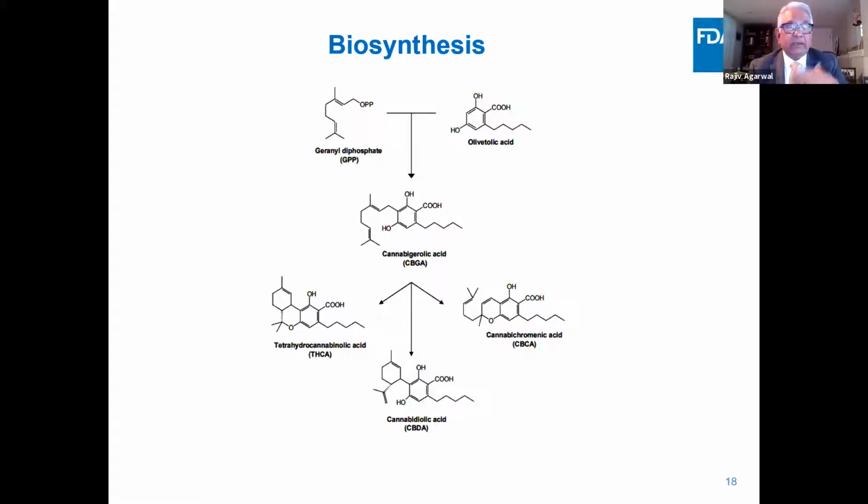Then the THCA at 180 degrees, they have a different setting in the machine that will convert the THCA into THC or CBDA into CBD. So this is what you see when it comes out of the smoke. It's mostly the CBD or THC and other acids that are formed during the process.